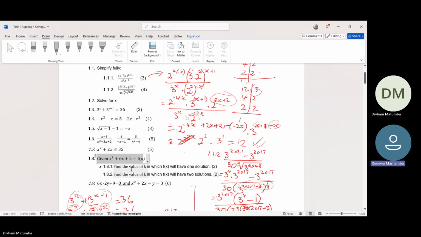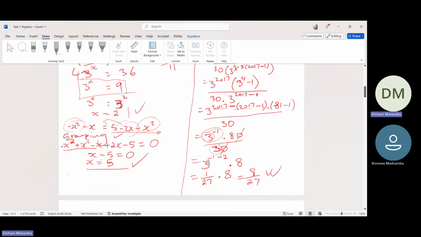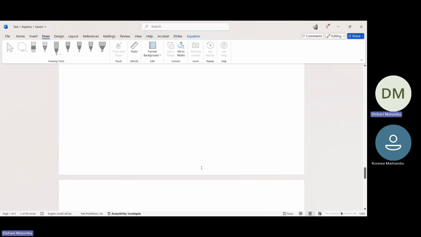Oh, okay. Remember, the form is ax squared plus bx plus c. Do you agree that a is 1? Yes, 1. And do you agree that the c value is k? Yes. Okay, good.